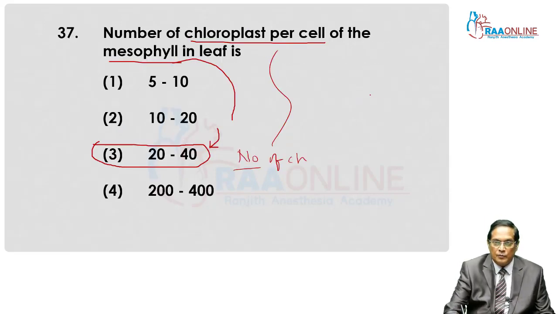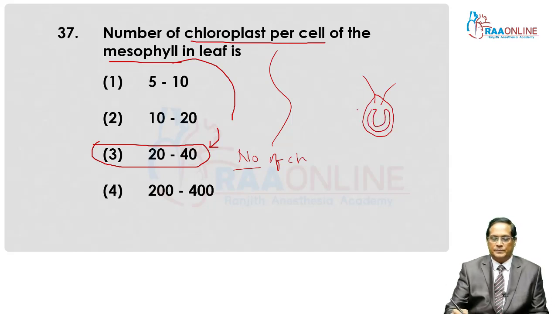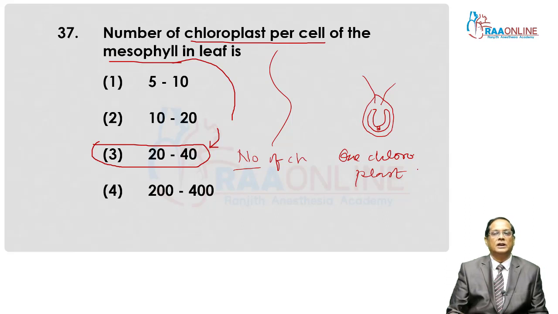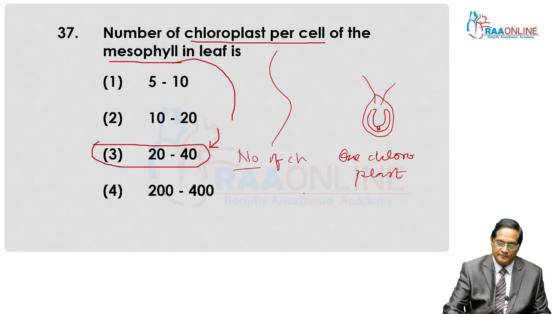The least number of chloroplast case is Chlamydomonas. Chlamydomonas has only one chloroplast, and that is cup shaped.